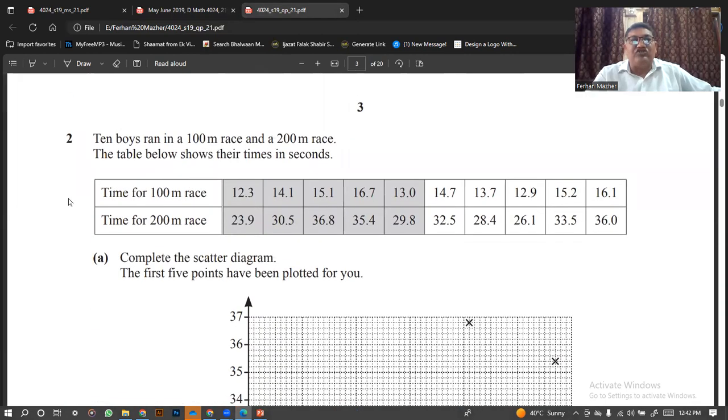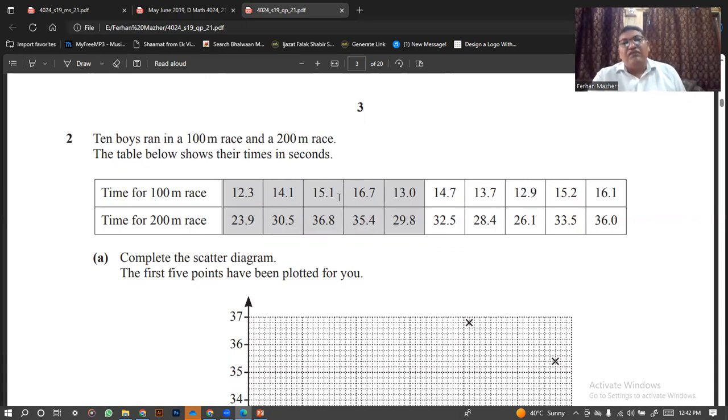The next question is question number 2. 10 boys ran in a 100-meter race and a 200-meter race. The table below shows their times in seconds. So the time for the 100-meter race and the time for the 200-meter race. This person took 12.3 in 100 meter, 23.9 in 200 meter, 14.1 in 100 meter, 30.5 in 200 meter.